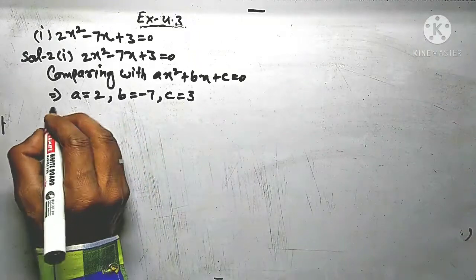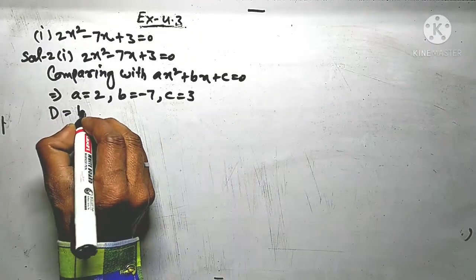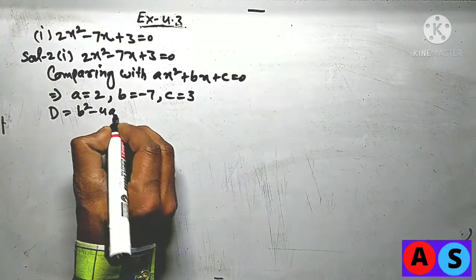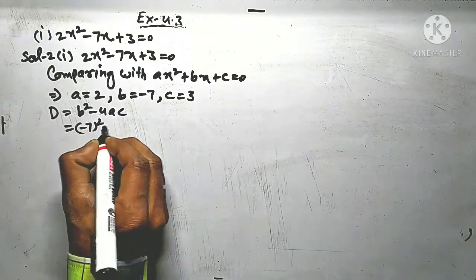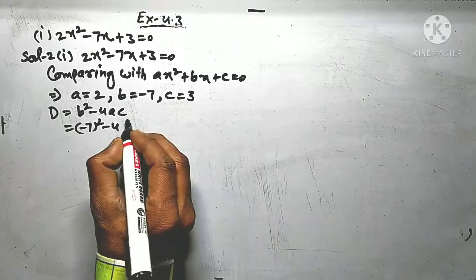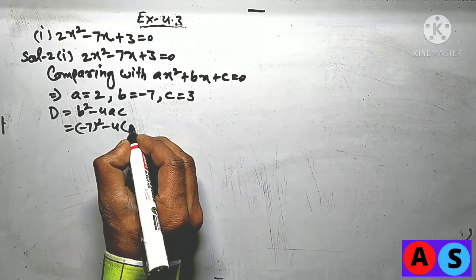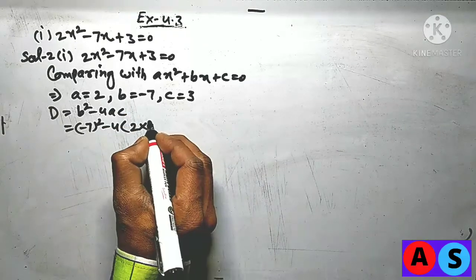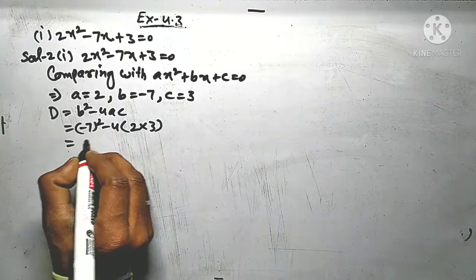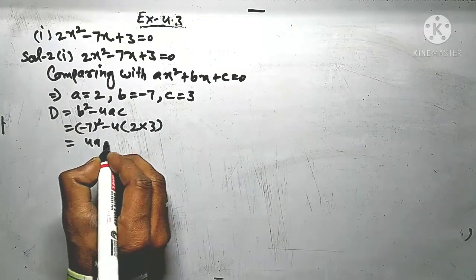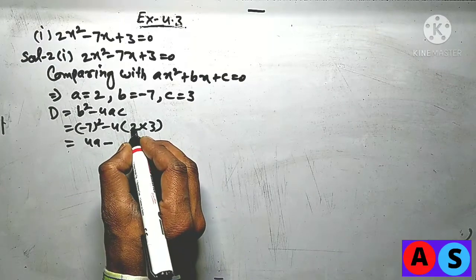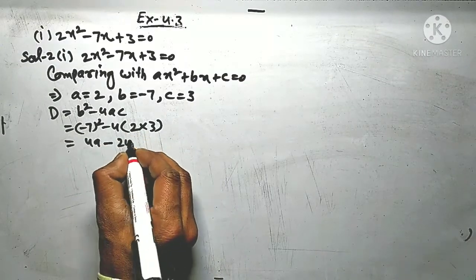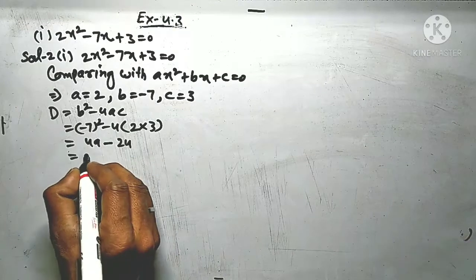We find discriminant D is equal to b square minus 4ac is equal to value of b minus 7 whole square minus 4 value of a 2 into value of c 3 is equal to 49 minus 24 is equal to 25.